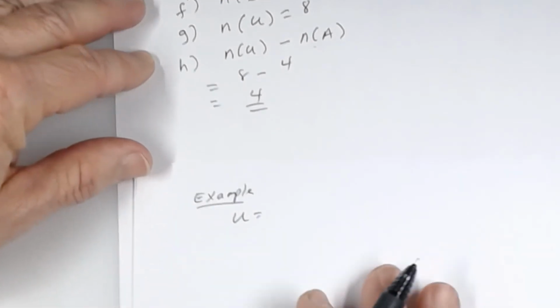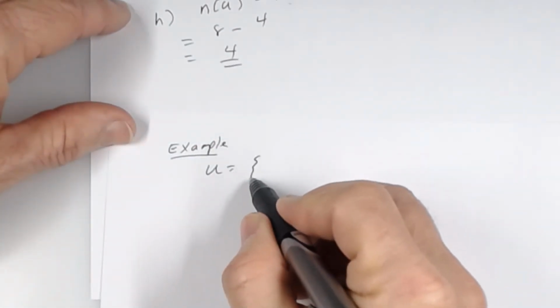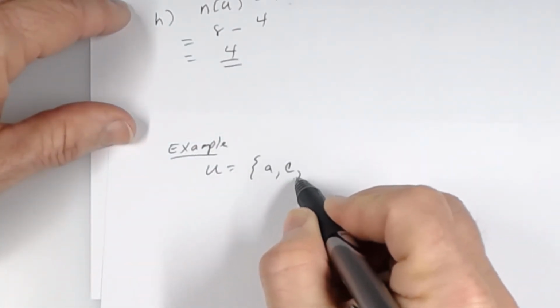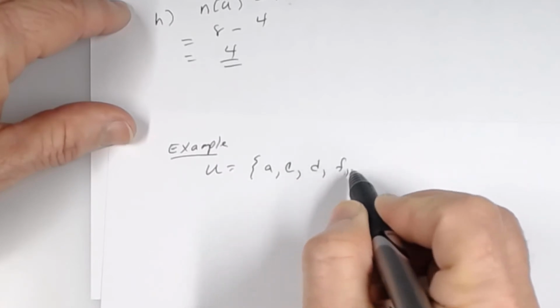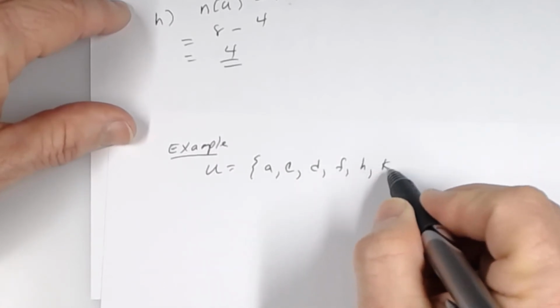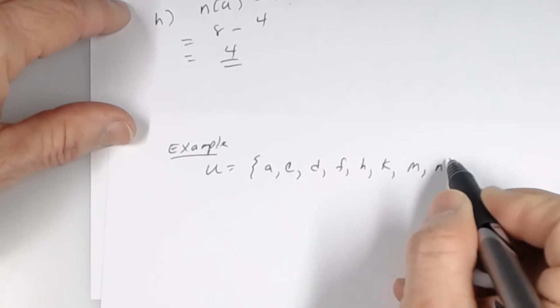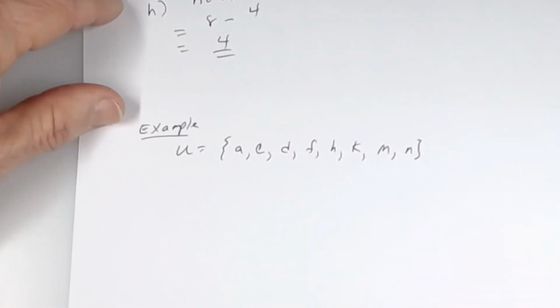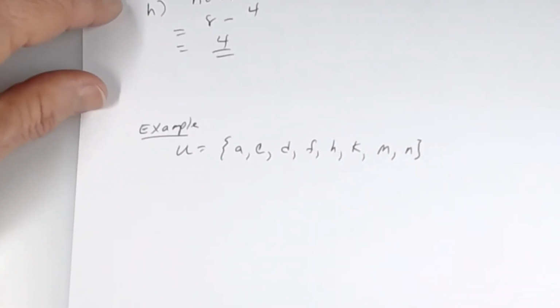So let's suppose that my universal set has these elements in it: A, C, D, F, H, K, M, and N. That's my universal set. Okay?